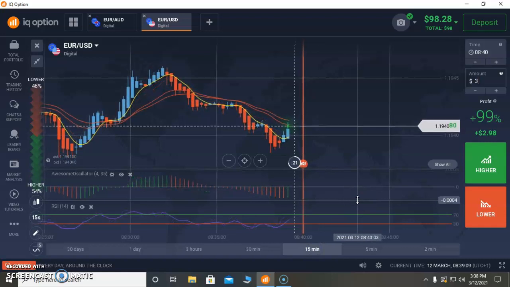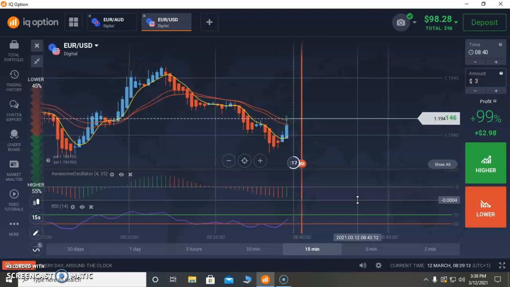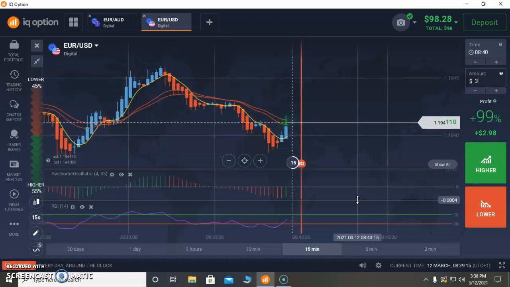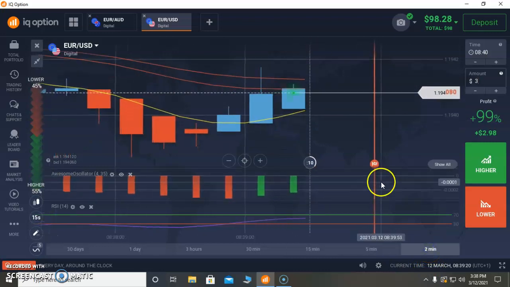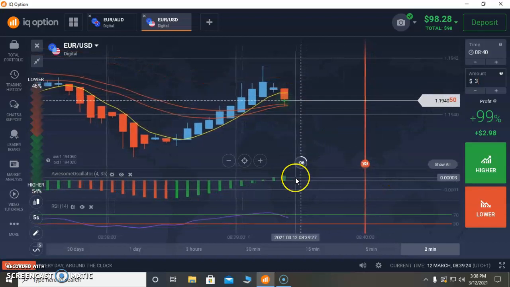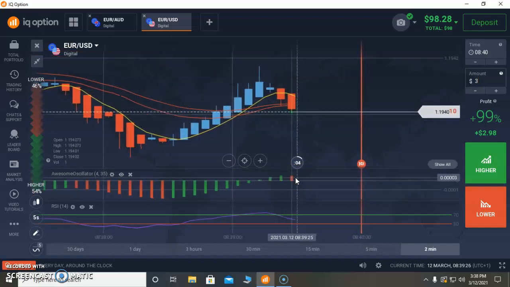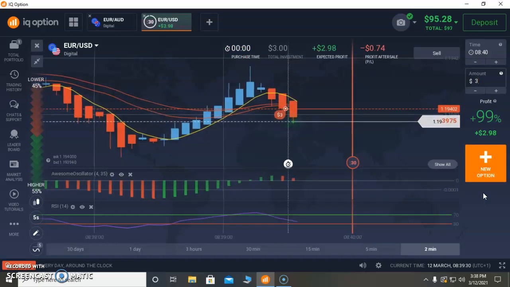Biglang tumaas. Tingnan natin kung akit. Watching from here. Tatlong candle pa. Red and red. I will hit lower. Alright, lower tayo. $3. Second ladder.